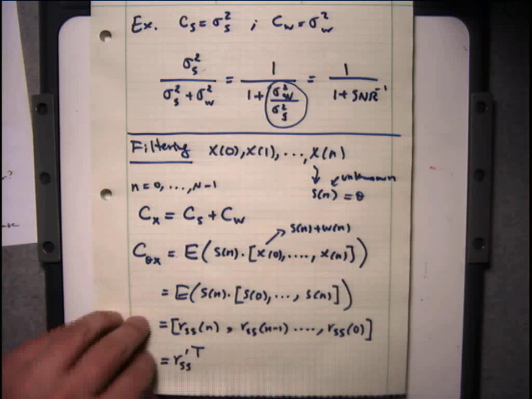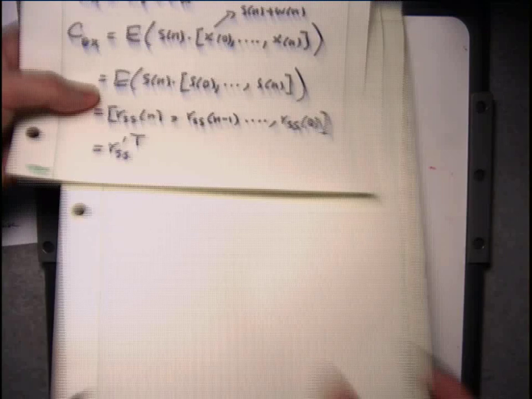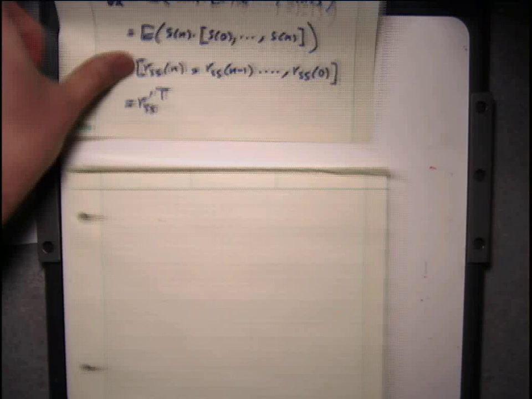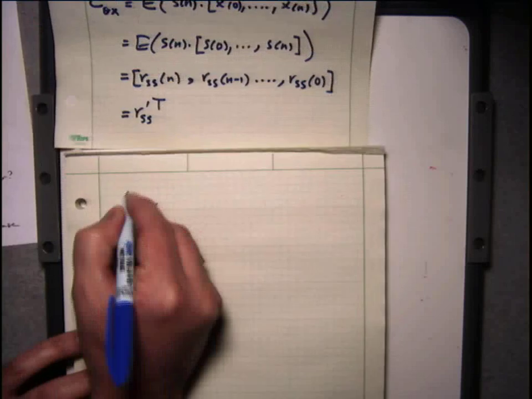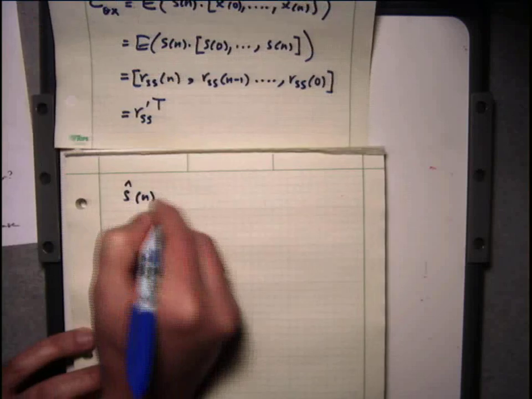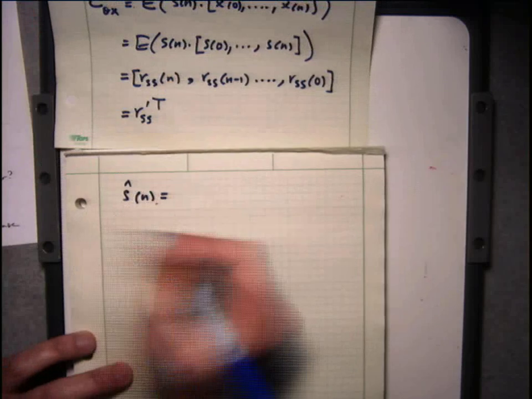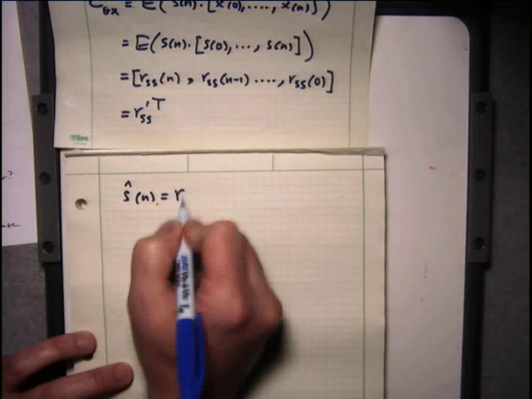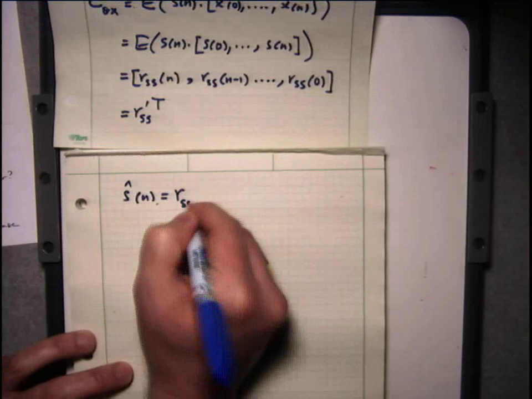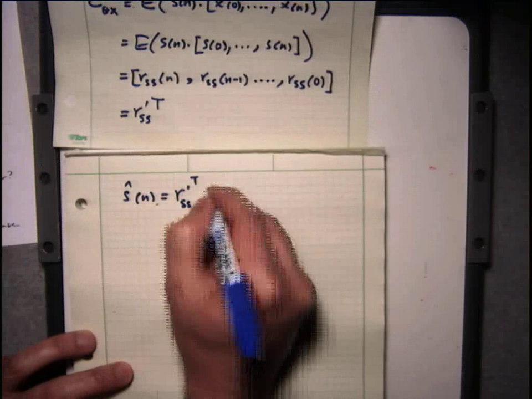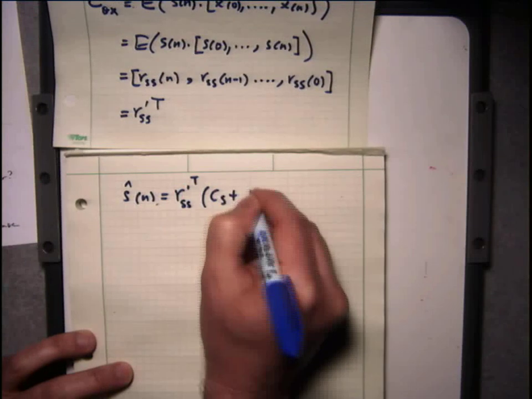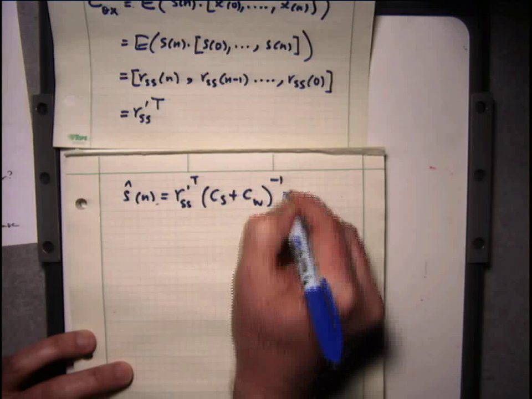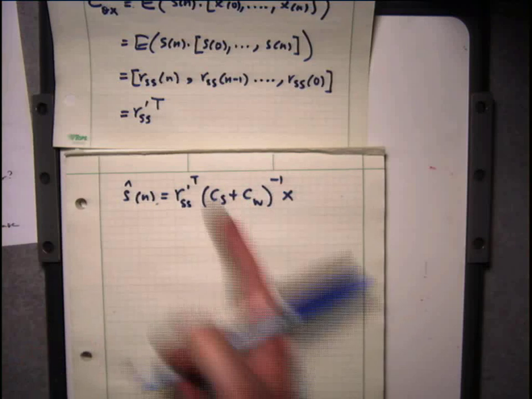With this, the estimate S hat of n at the position I was interested in is going to be RSS prime transpose times CS plus CW inverse times X. This part is exactly the same as before.